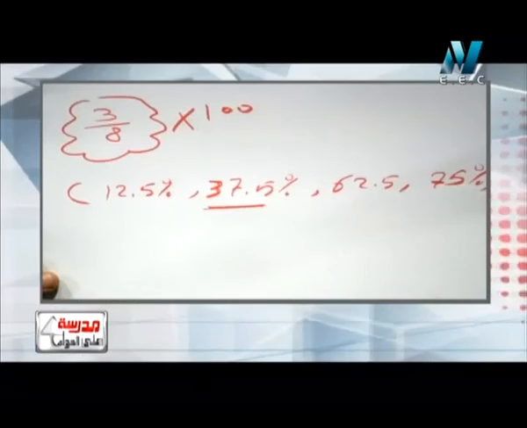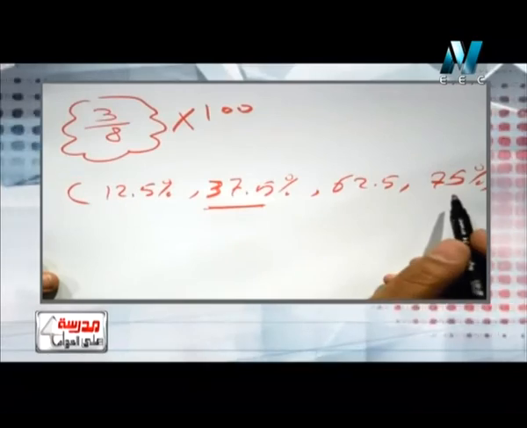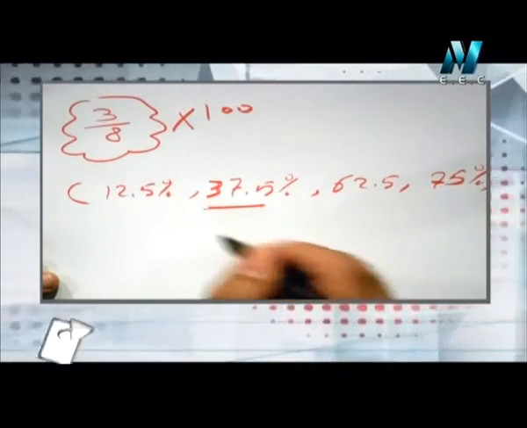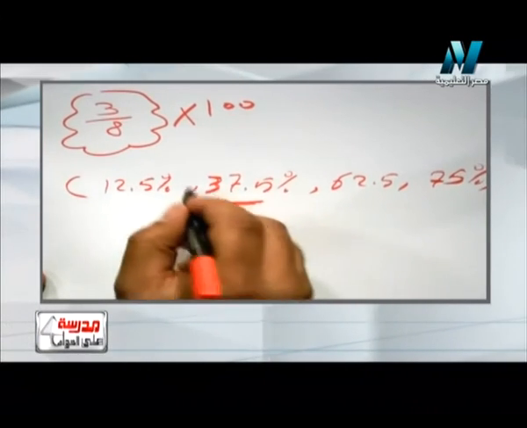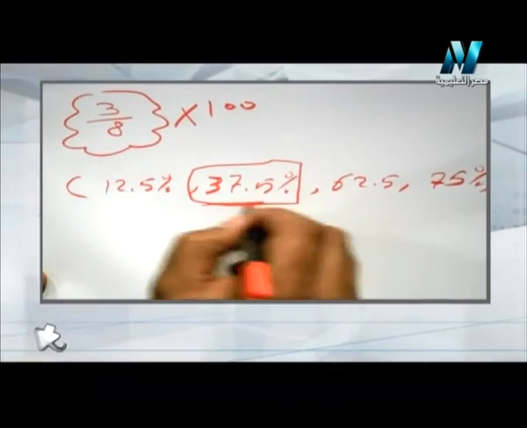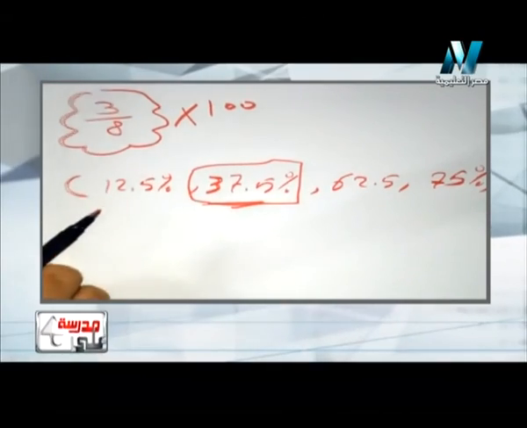Among 12.5, 37.5, 62.5, and 75, how we can get the good answer? Just multiply 3 over 8 by 100 to get the result 37.5%.